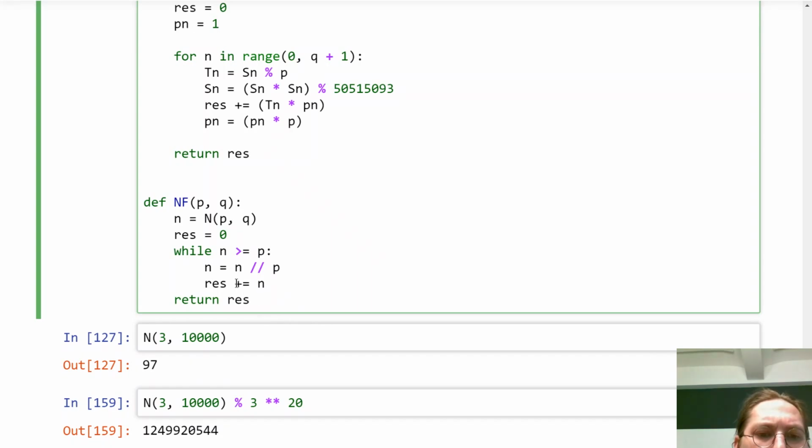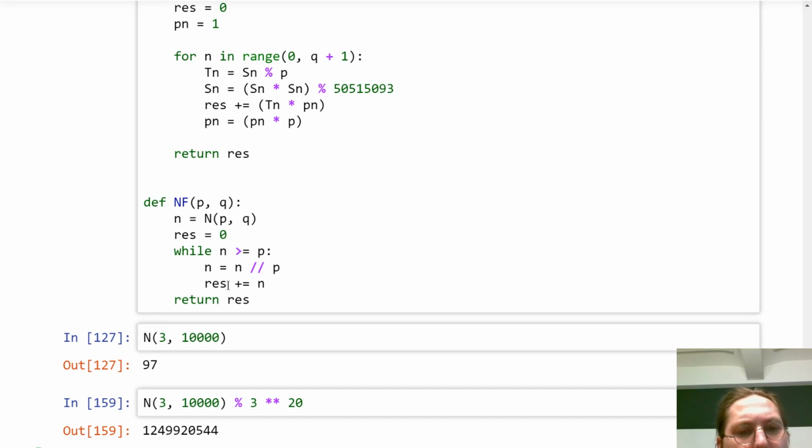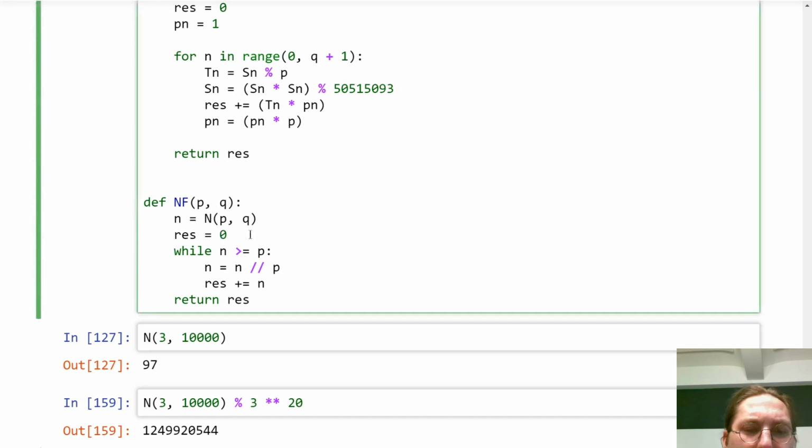But we can do mod on this, can't we? But it will be the same, or no? I think we can, at least. It won't be the bottleneck. It won't make much of a difference, but we can do the mod here, I think.